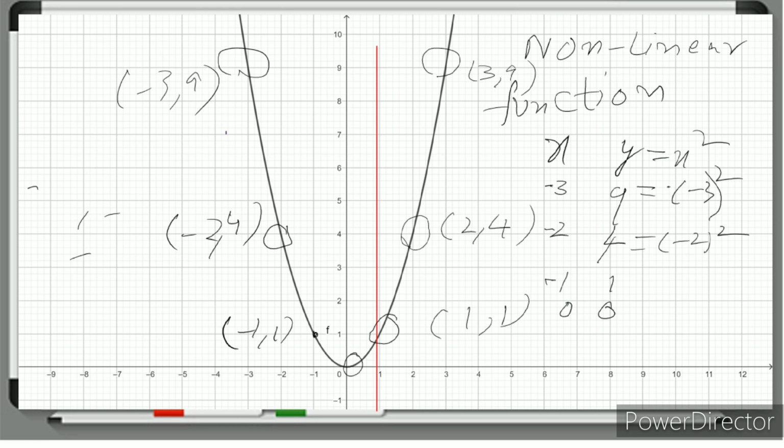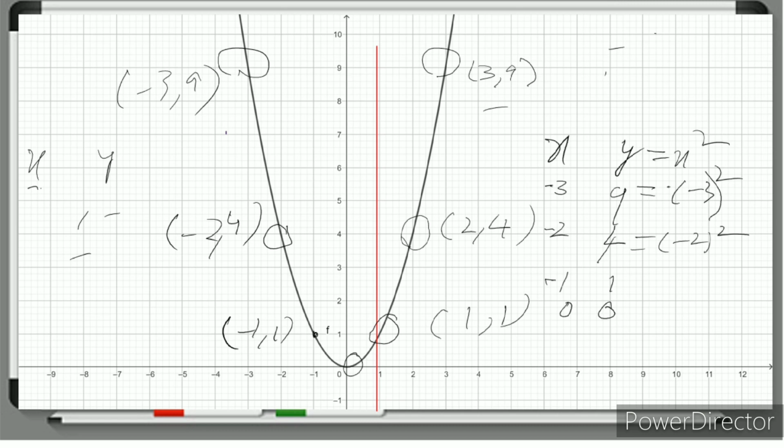See here, I'll erase this also. Now boys, the main thing which I want to show you now: I will take here x and here the value of y as I was doing there.